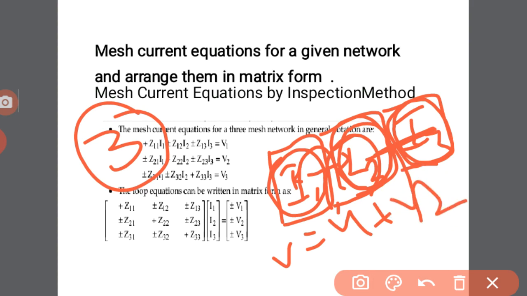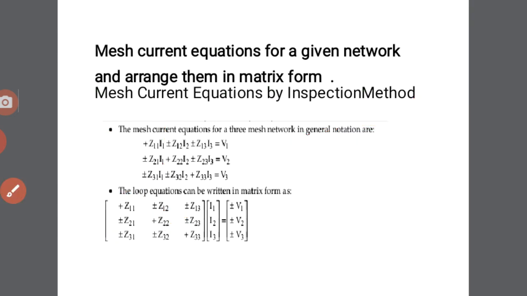So in our case V1 is the sum of all the voltages within loop 1, V2 is the sum of all the voltage sources within loop 2, and V3 is the sum of all the voltages in the third loop. So these are the mesh current equations for a given network, and how to arrange them in matrix form.